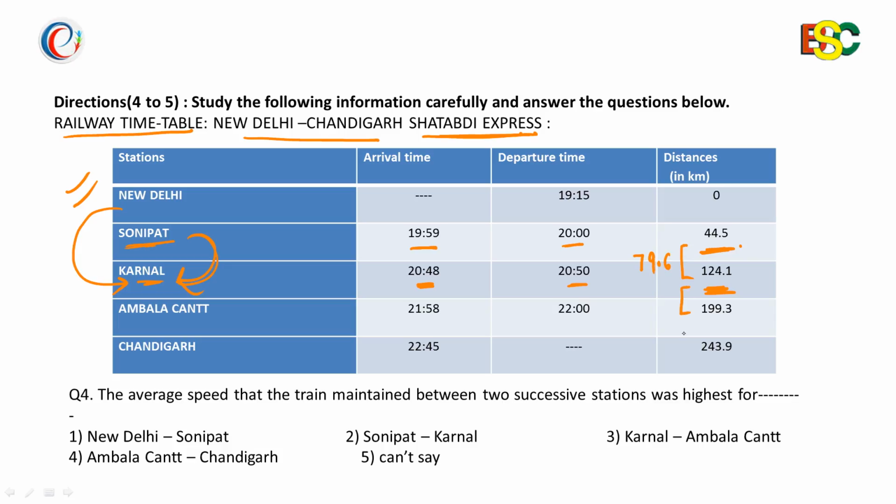Similarly, we'll calculate the distances as 75.3, 44.6, and the distance from New Delhi to Sonipat is 44.5 minus 0, that is 44.5 only.